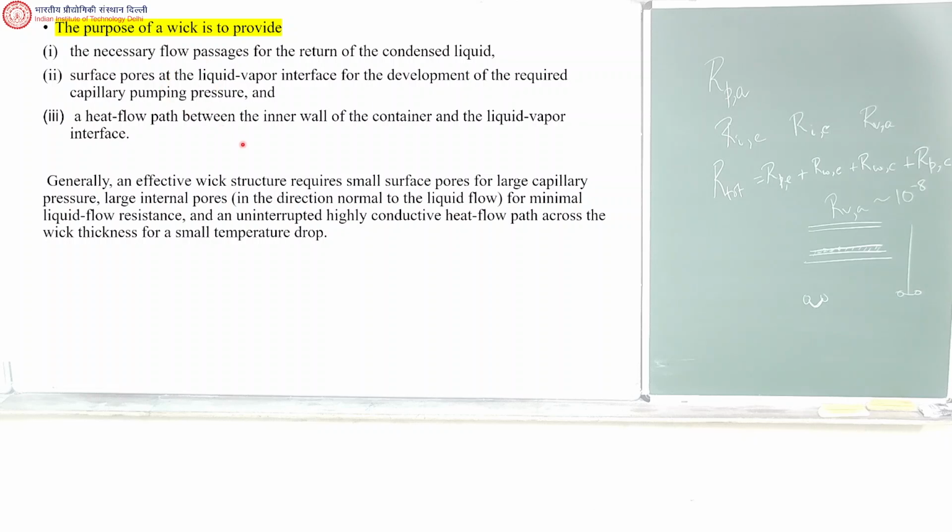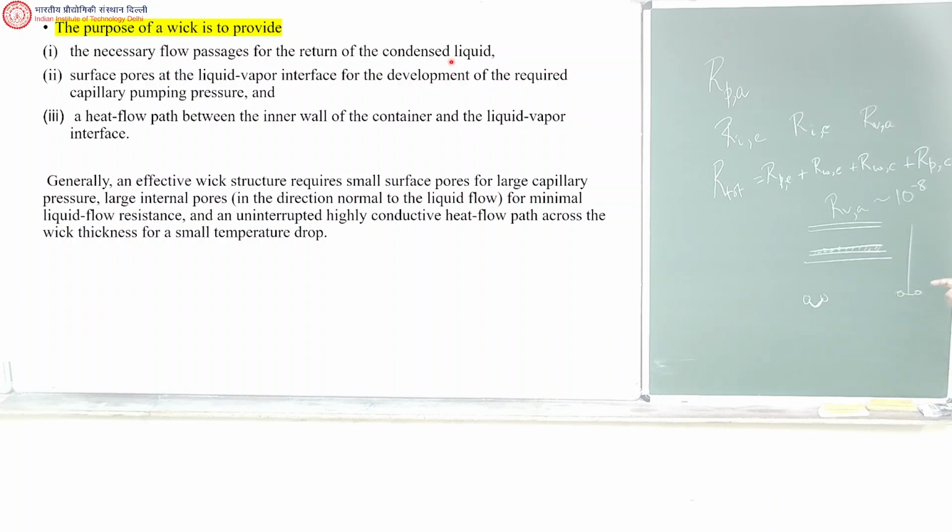All right, but there are internal pores also. So we have surface pores and there are also internal pores. The internal pores are important for the return of the condensed liquid. The liquid has to move through this, right? Liquid doesn't move at the surface so much. It moves this way, like what I have shaded, moves through this one, goes back.